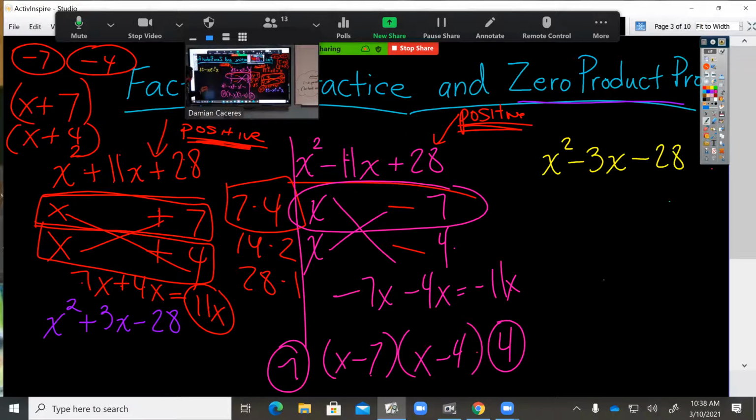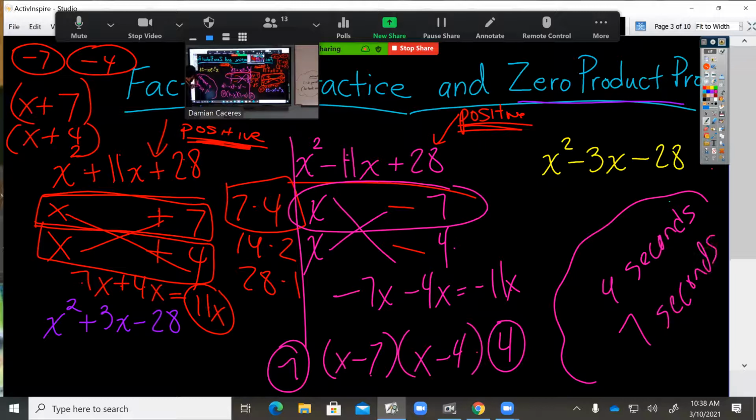Now, what if this is a word problem, and your two solutions were 4 seconds and 7 seconds, right? Those two are true solutions. You don't see negatives there, right? You don't see a 0 there. Those are real solutions. So that just means that the frog jumped and then jumped again, because he hit the ground at 4 seconds and at 7 seconds.